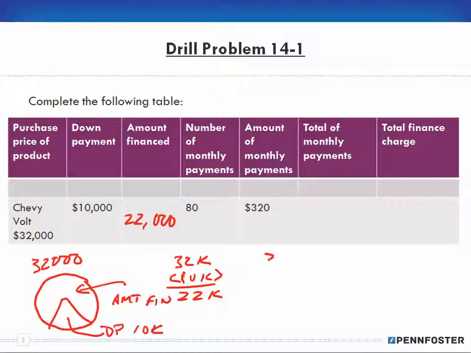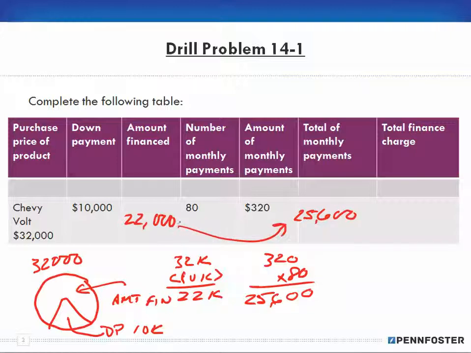So if we take the $320 and multiply it by 80, we end up with $25,600 that we are paying back. That's the total of our monthly payments. Like I said, the difference between these two numbers, the amount you're borrowing and the amount you have to pay back, is your total finance charge. So we're subtracting 22,000 and we end up with a finance charge of $3,600.